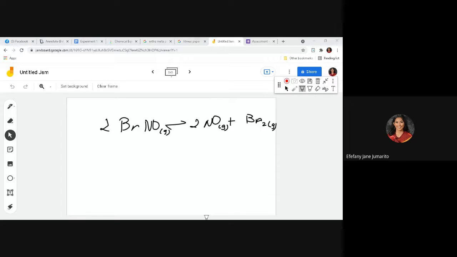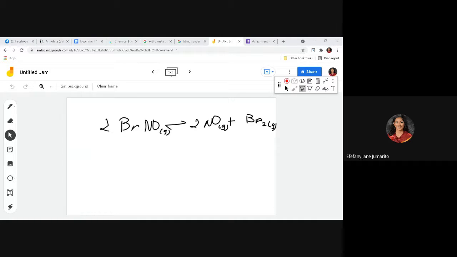I think backward. Backward, because the concentration of the reactant decreases. Okay, so it will go backward. Okay, so that's it.